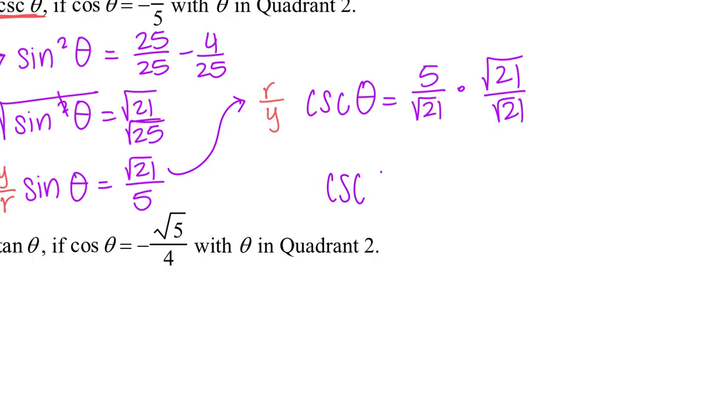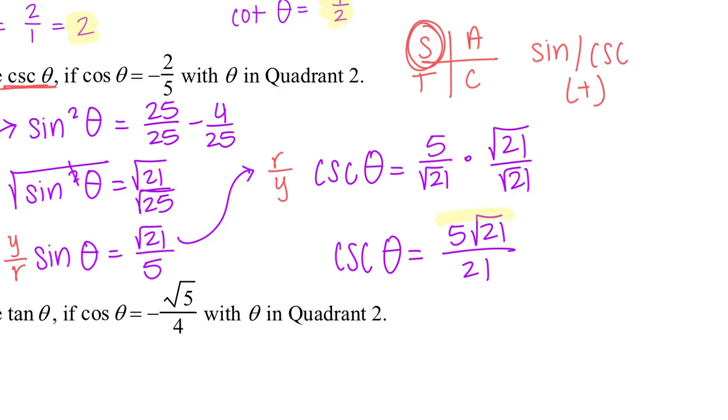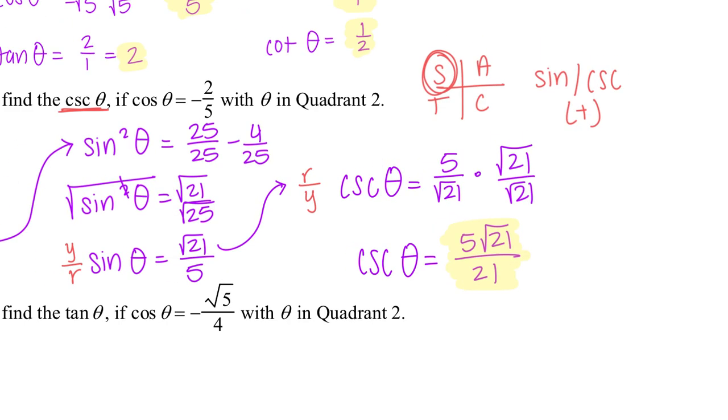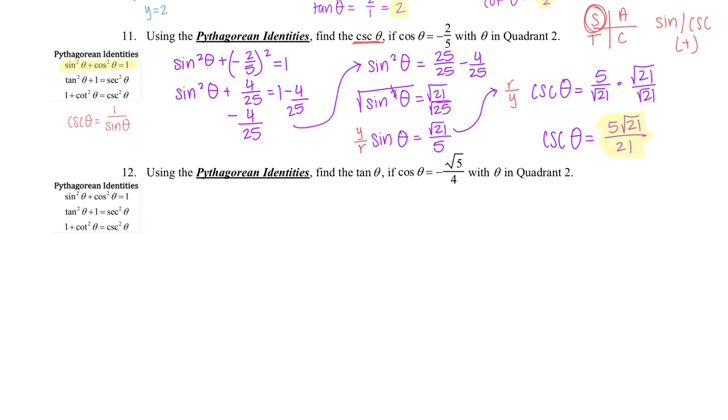And I'm going to get cosecant theta equals 5 times the square root of 21 over 21 and quadrant 2. All students take calculus. Here's quadrant 2. Sine and cosecant must be positive, and it is positive, so this is my answer. Okay, going ahead into the next one.